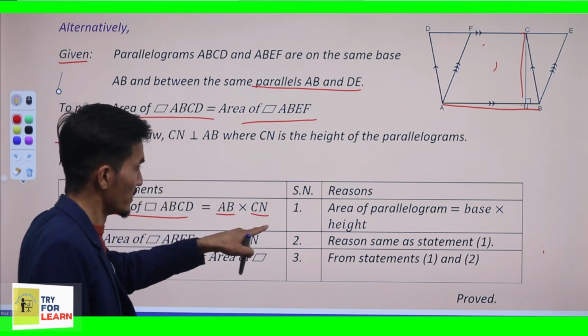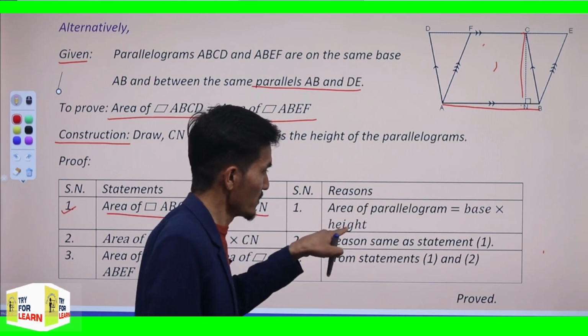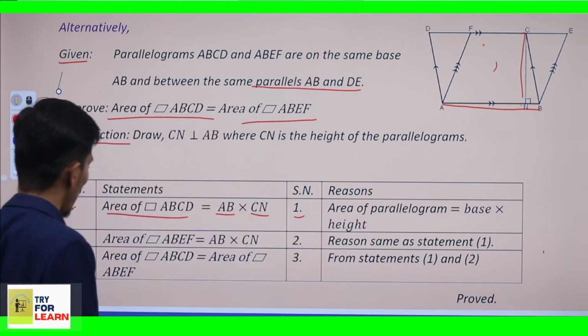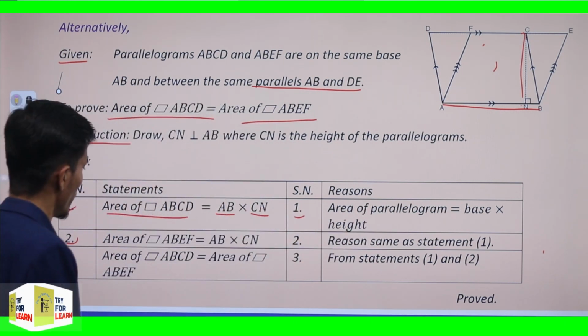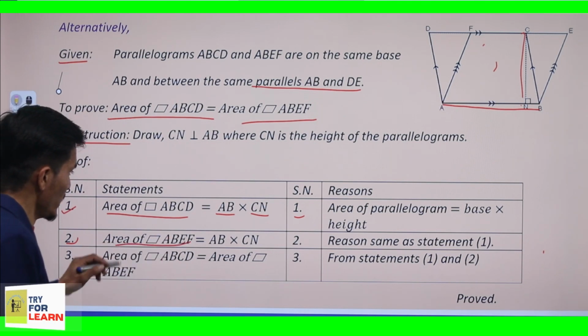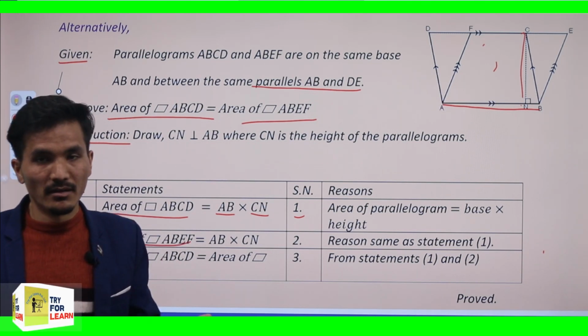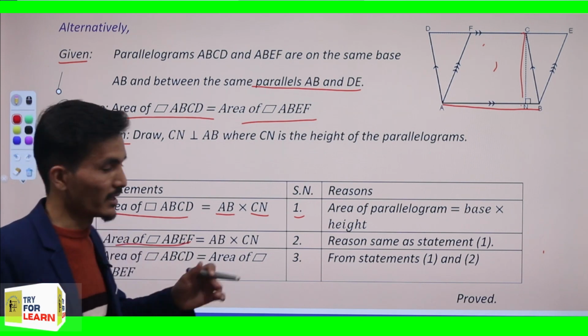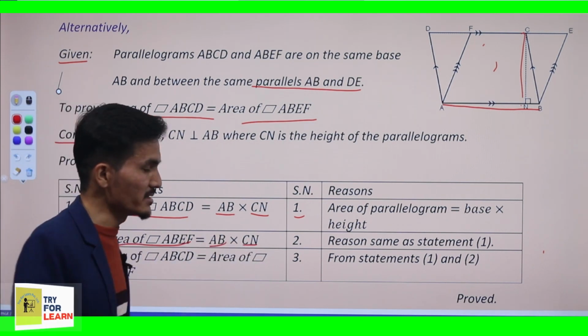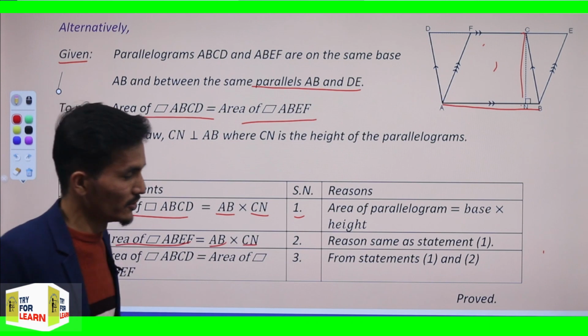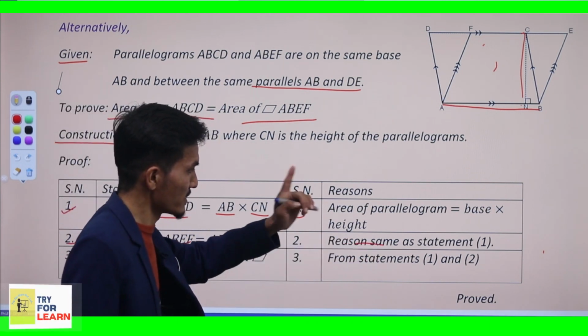So AB into CN. Reason: area of parallelogram equals base into height. Next, in the same way, area of parallelogram ABEF is also base into height, where base is AB and height is CN. The reason is the same as the first.